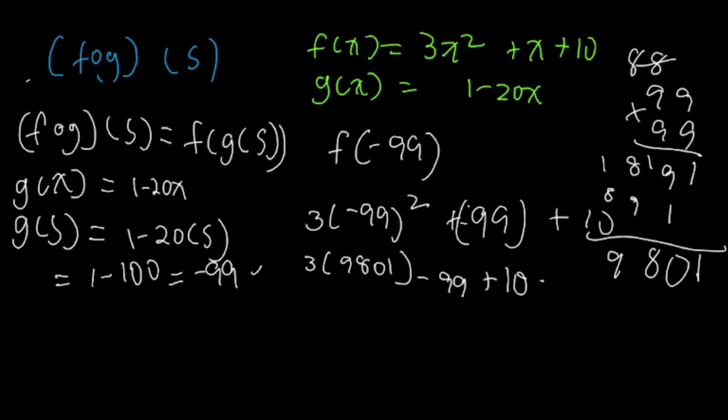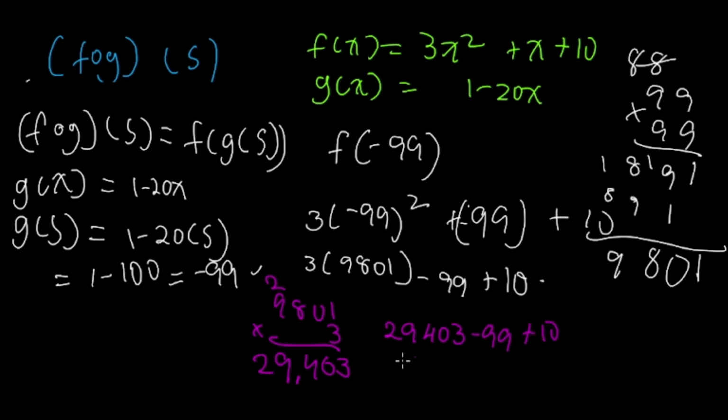In the final stages of solving this, this becomes 9,801 times 3. 3 times 1 is 3, 3 times 9 is 27, and that becomes 29,403. So 29,403 minus 99 plus 10 is 29,403 minus 89, because we are factoring that in, right?